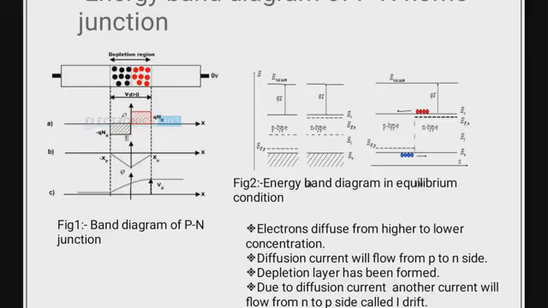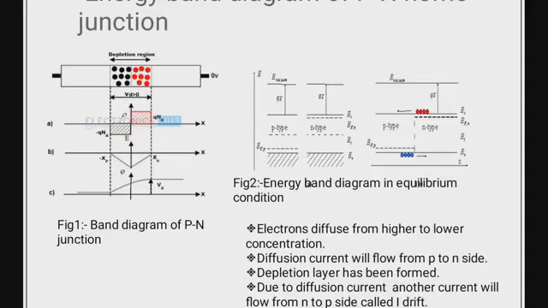Now, what basically happens when electrons move from the n to p region, as I already told in the previous slide, is that they leave some immobile ions, which are positive immobile ions denoted by the red circle, and the same thing happens for holes also.